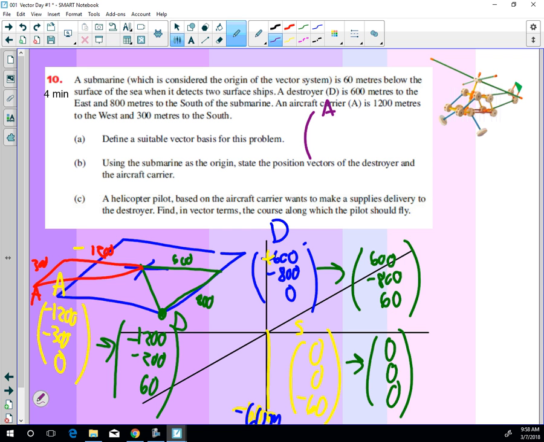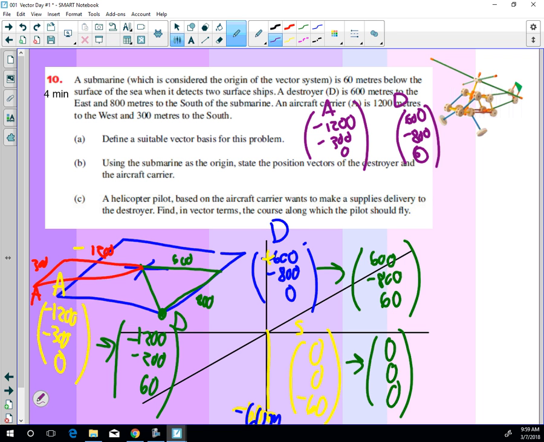Doesn't say. So let's just go negative 1,200, negative 300, 0, and the destroyer, right? We're going to the destroyer, and that's just at 600 and negative 800 and 0.